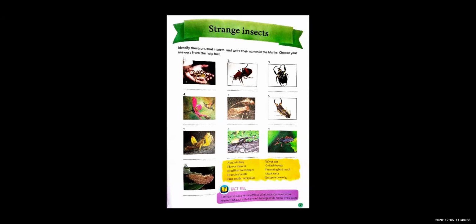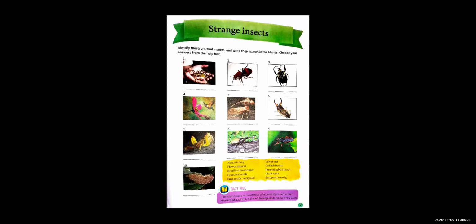So we need to clearly see the picture and put in our mind what their name is, right? The options have been given in the yellow help box at the bottom. The names have already been given to you, so we have to just put the correct names across the correct picture, right?